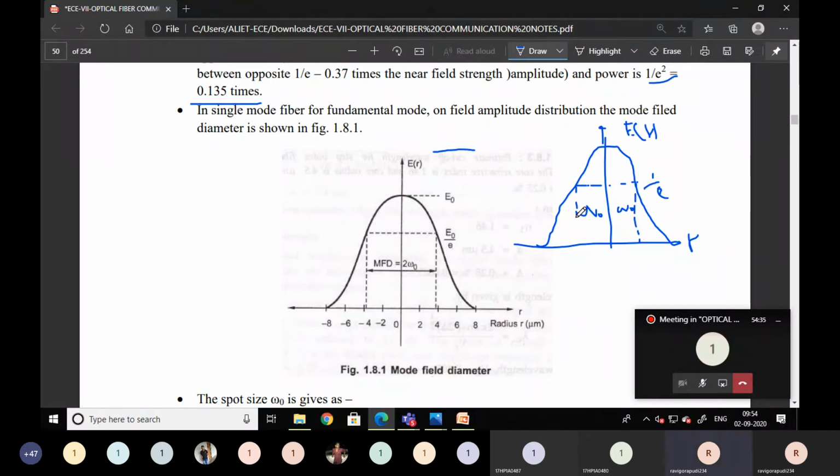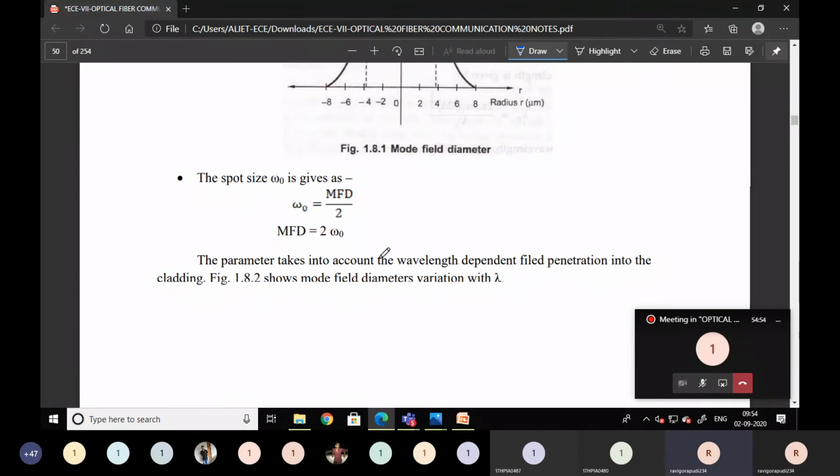This is also called MFD, mode field diameter. So the spot size omega naught is equal to MFD by 2.